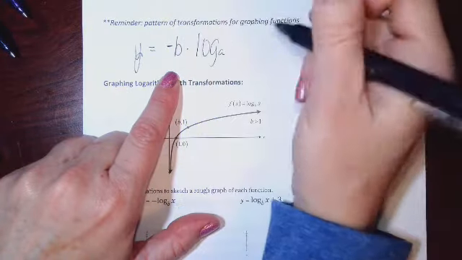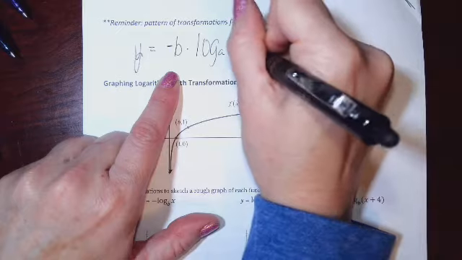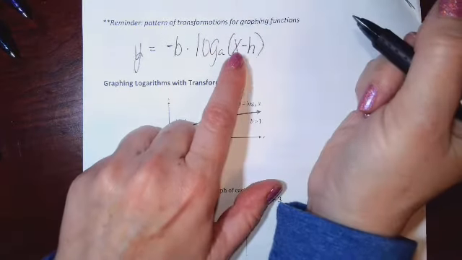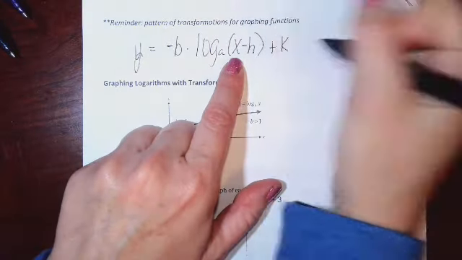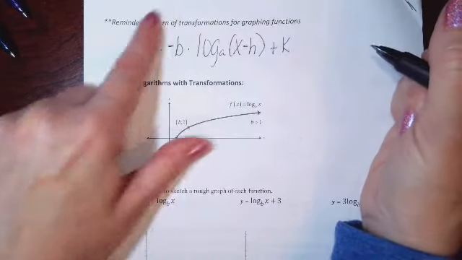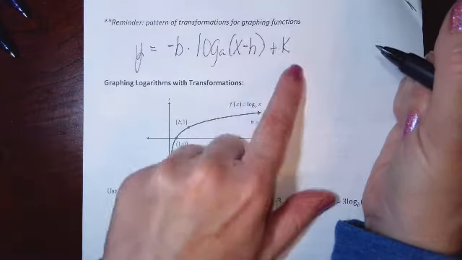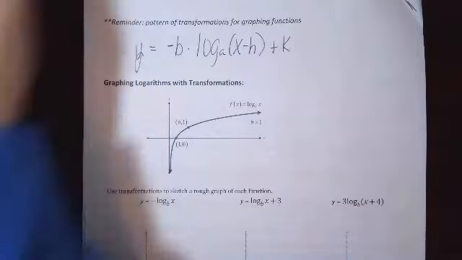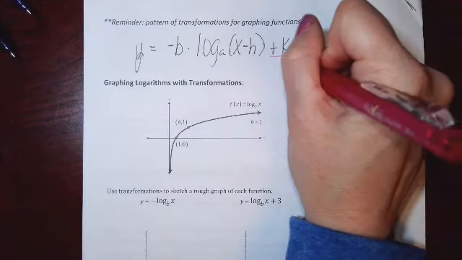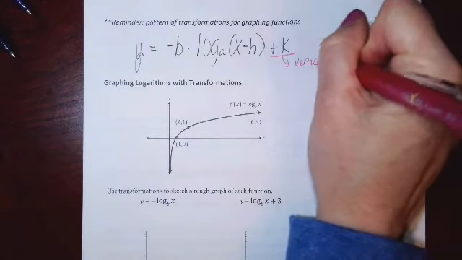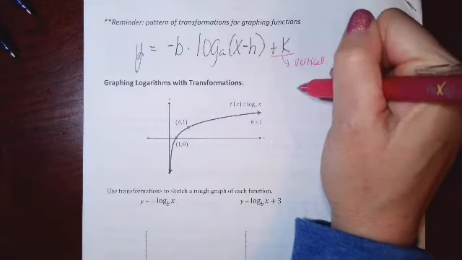Log base a. My horizontal shift is always attached to the x. Vertical shift is tacked on. This could be added or subtracted at the beginning or at the end, doesn't really matter. But just remember, this is my vertical shift. It goes up if it's positive, it goes down if it's negative.